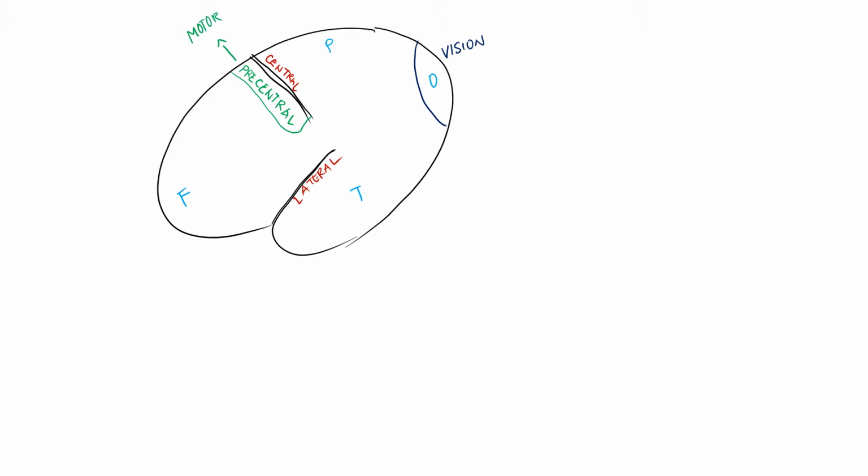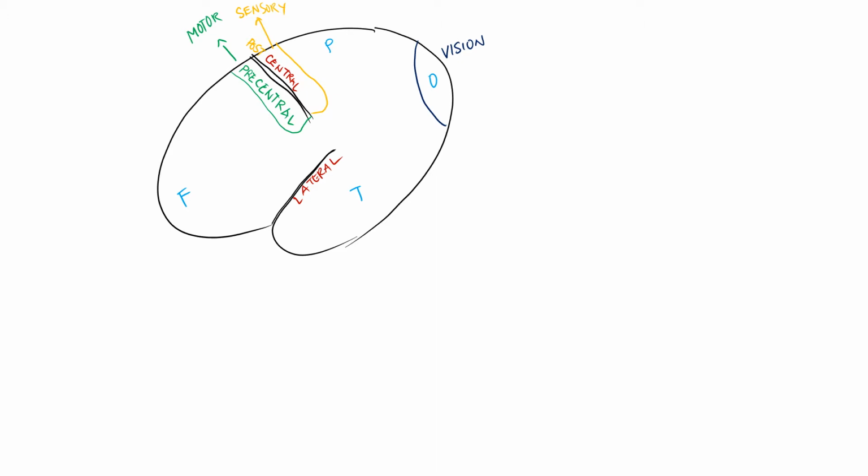All the motor functions come from nerve cells there that give out the command. Just after your central sulcus is your post-central gyrus, and that is important because it is the primary sensory.